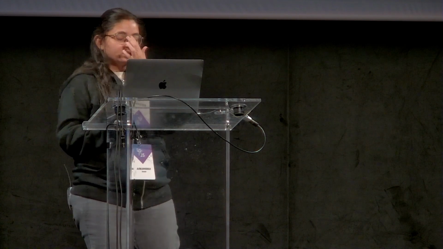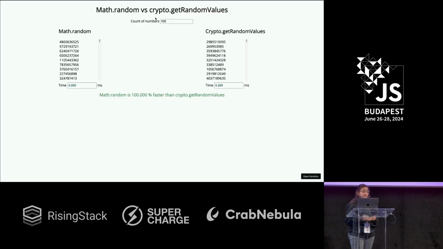Now, I was talking about the performance as well, like why crypto.getRandomValues has a very high entropy compared to Math.random. So just to give you a glance, if I generate, let's say, 1,000 random numbers, you will see that Math.random is taking 0.1 millisecond versus crypto.getRandomValues takes 3.2 milliseconds, so Math.random is very fast.